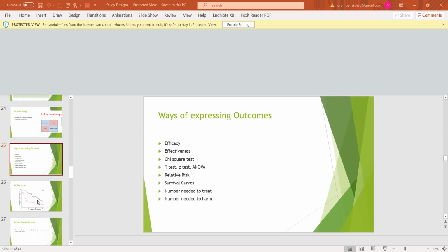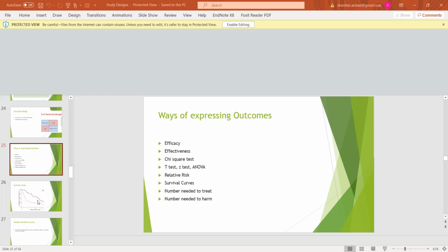And we can also apply the chi-square test if the outcomes are proportions in the control group and the intervention group. Depending upon our results, we can also apply t-test, z-test, and ANOVA if we have continuous outcomes in our result.